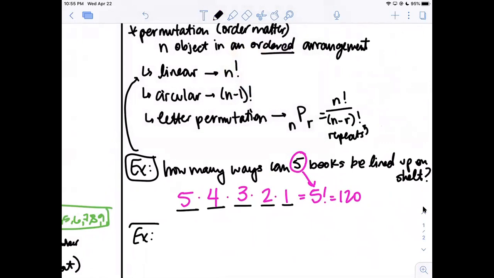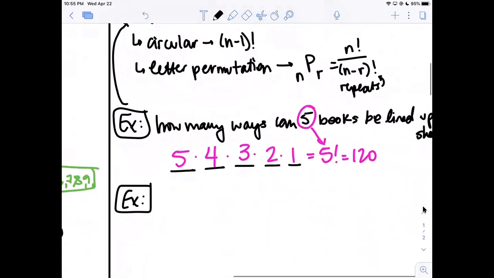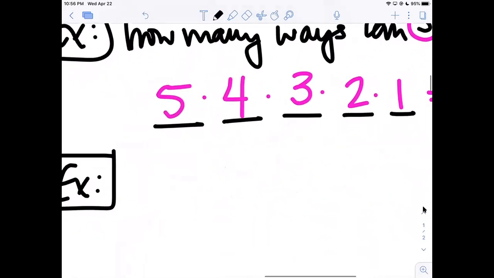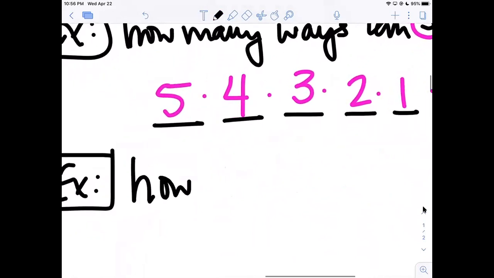Another example. This time, we are not using all of the books that we have. How many ways can 3 books be placed on a shelf if chosen from a selection of 7 books? So let's say you're in the library or at a bookstore, and you're trying to display only 3 of the 7 books that you have as an option.